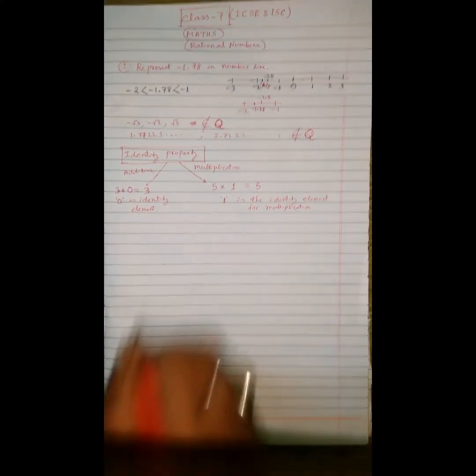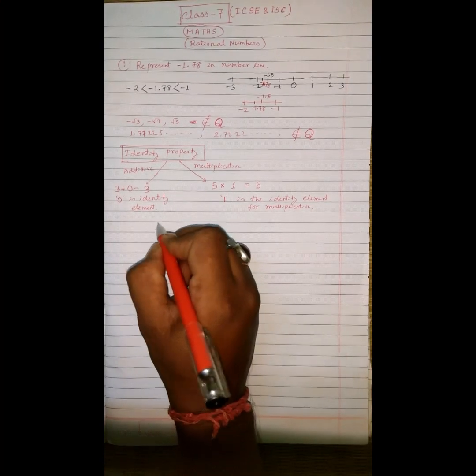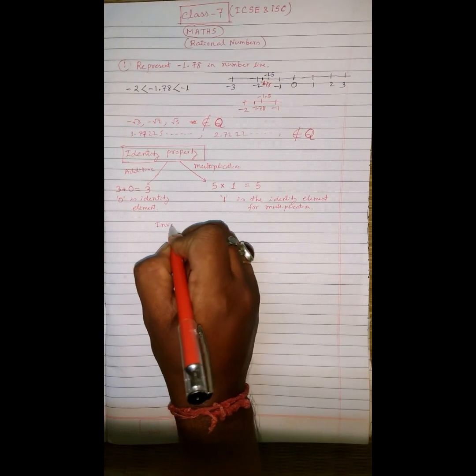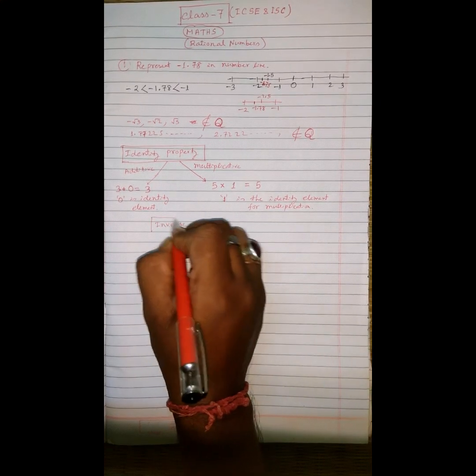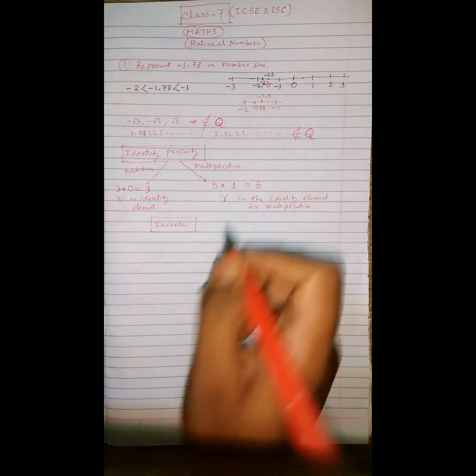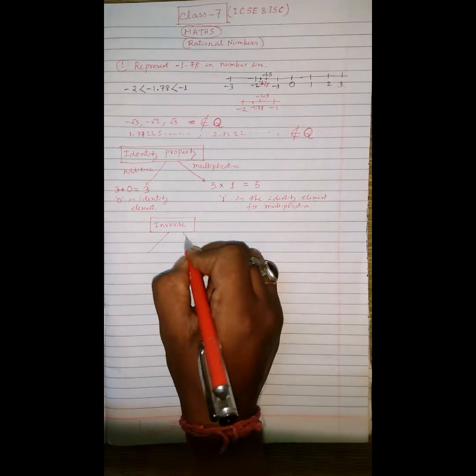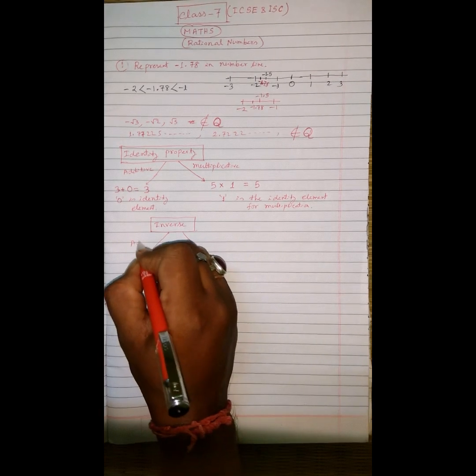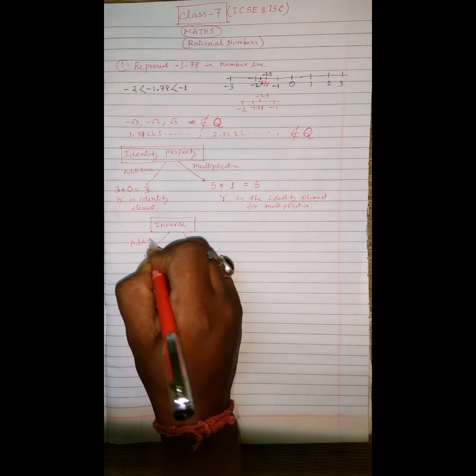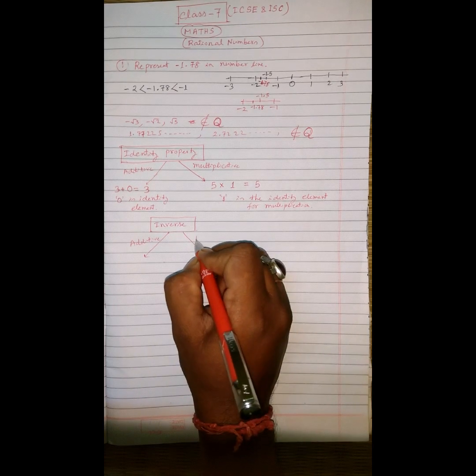Okay, now the inverse property. There are two types of inverse property: one is additive inverse, another is multiplicative inverse.